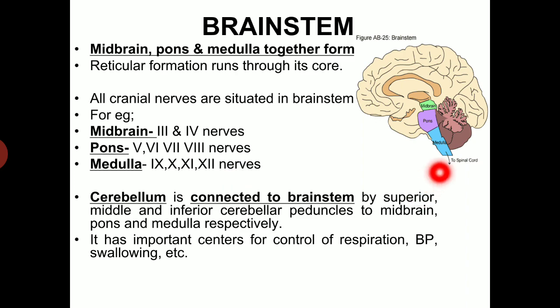The cerebellum is connected to the brainstem by three peduncles: superior, middle and inferior cerebellar peduncles. And this brainstem has important centers for control of respiration, blood pressure and swallowing.